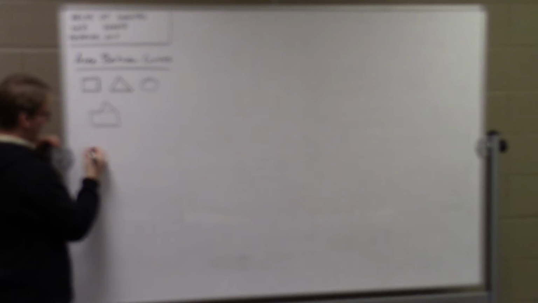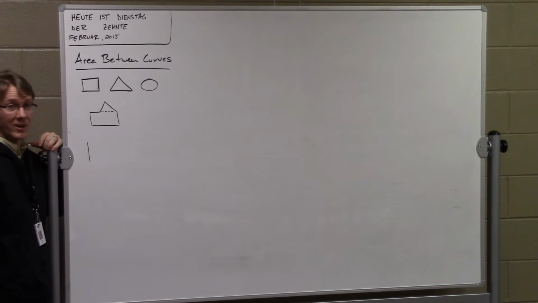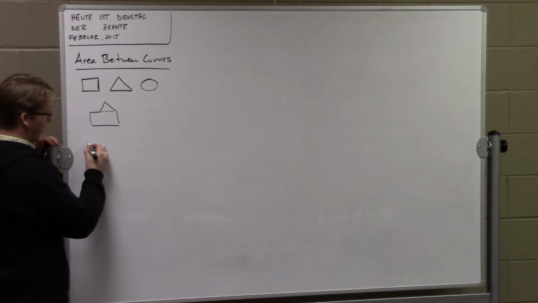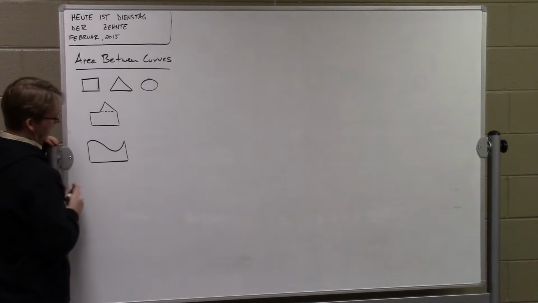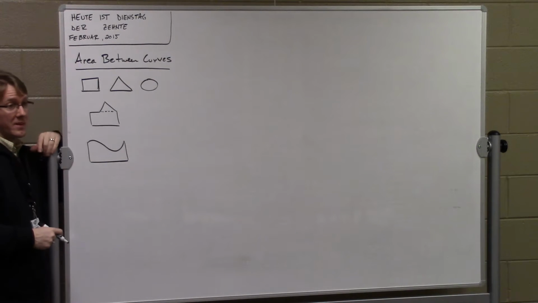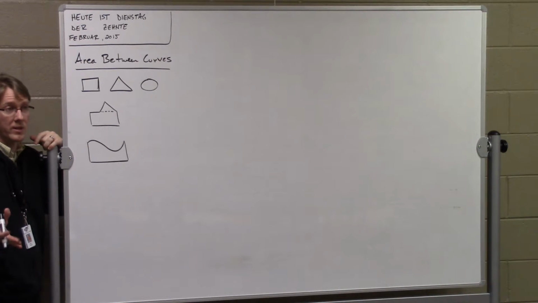Then we got to calculus. You stagnated there for a very long time. And then we hit calculus and we started looking at areas of things like this. And honestly, we did the same thing. We turned it into a bunch of rectangles. We tried to break it up into shapes.